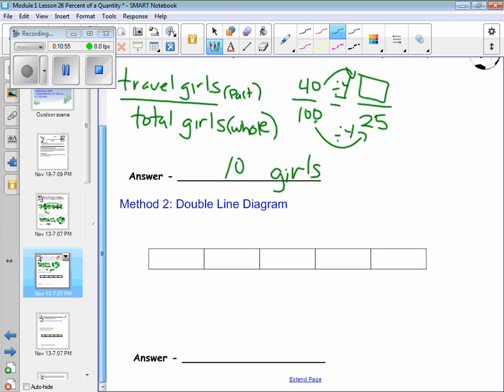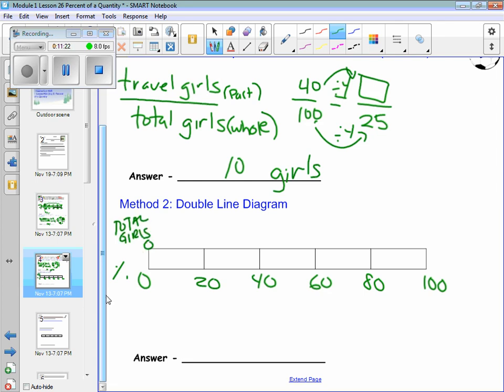Here it is, it's a double line diagram. Again, they give you that head start. We're dividing it up into fifths. So 0 to 100%, no different from the double line diagram on the previous example. We're going to count by 20s. No different with the total number of girls.